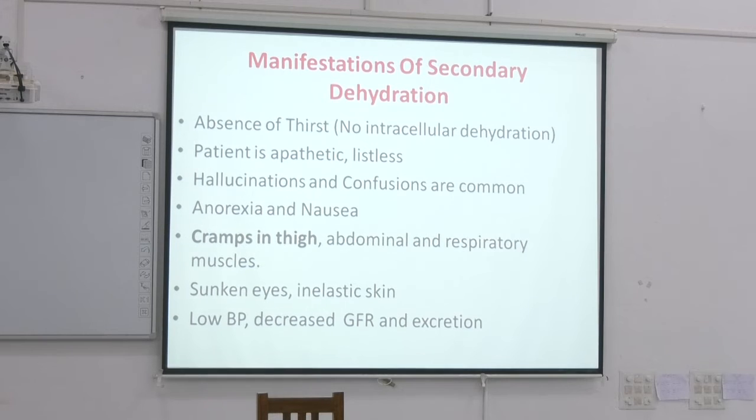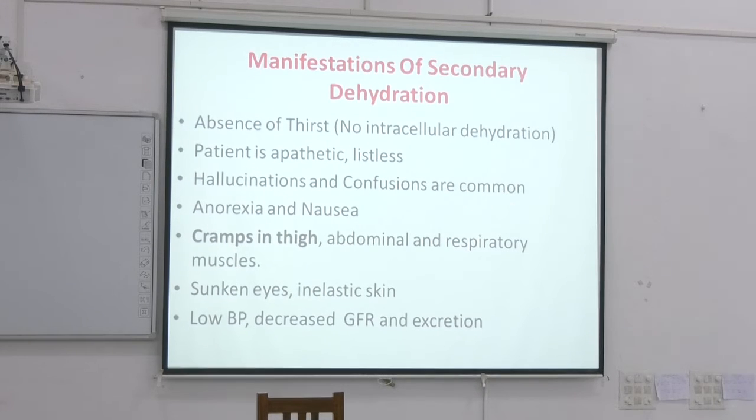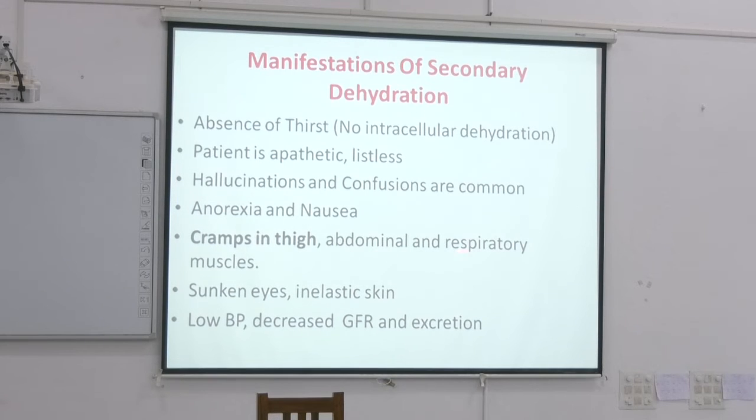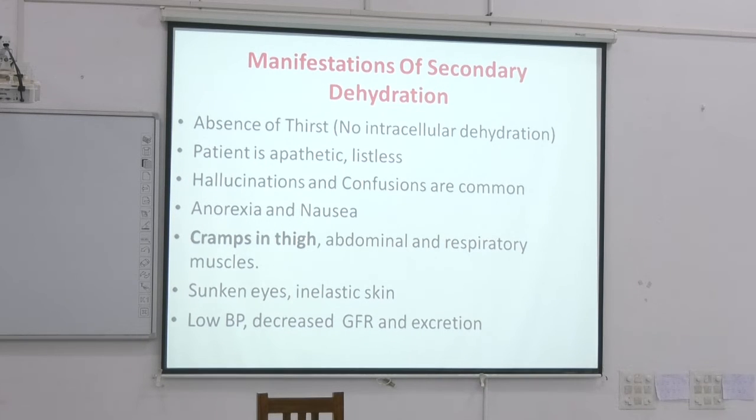Now we see the symptoms of secondary dehydration. There is absence of thirst, patient hallucination and confusion are common, anorexia and nausea, cramps in thigh, abdominal and respiratory muscles, sunken eyes, elastic skin, low BP, decreased GFR and excretions. So all are related with the function of the electrolytes.